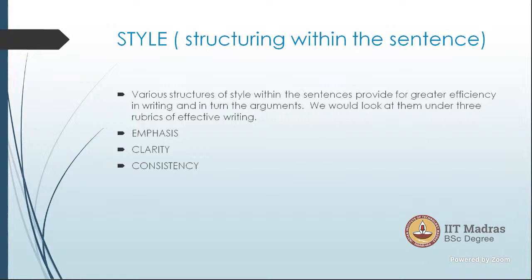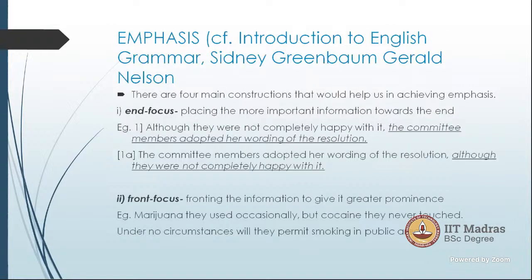Okay, so we'll move on. The first one is emphasis. Okay, so how do you achieve emphasis while arranging, rephrasing things within a sentence? Or how can you write a sentence in order to achieve more emphasis? Okay, so there are four main constructions that you can follow in order to do that.